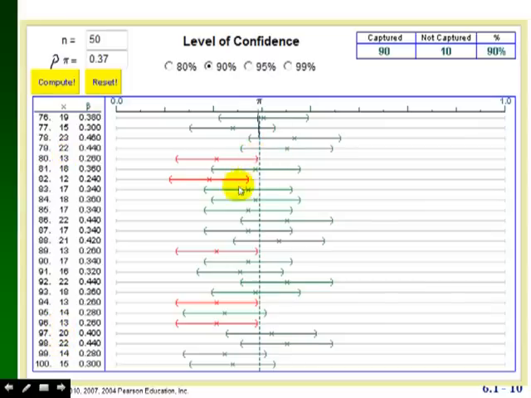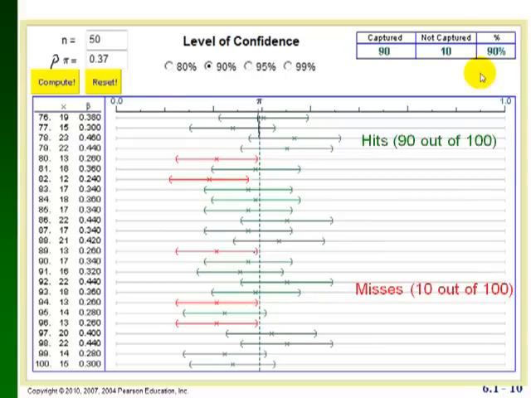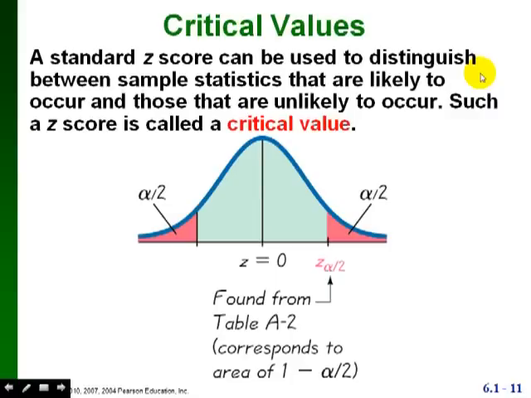But look at these ones in red that are all misses because they're not hitting on what the true population proportion is. And it turned out in this case that it ended up being exactly 90% that were hits, because it turned out being 90 out of 100 that hit the population proportion and 10 out of 100 didn't. Okay, now we're going to talk about how to actually construct a confidence interval.